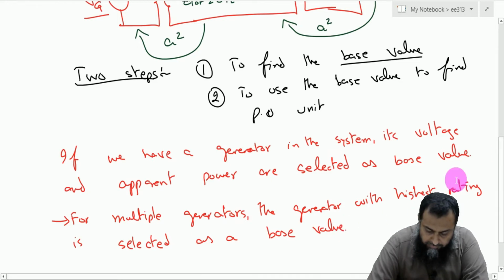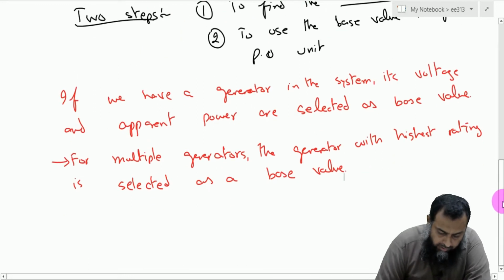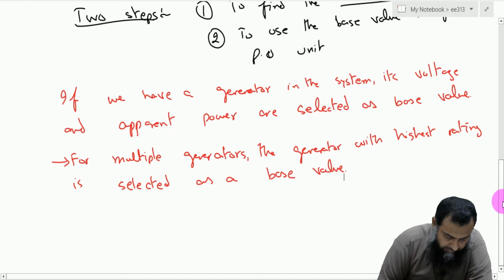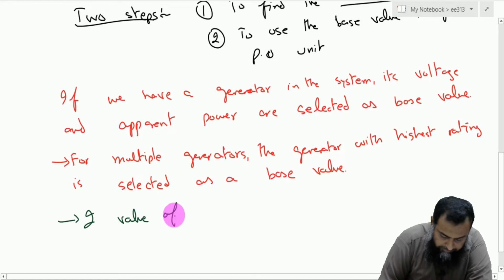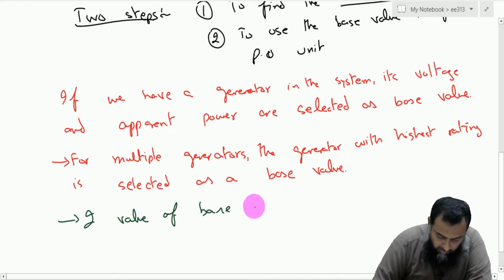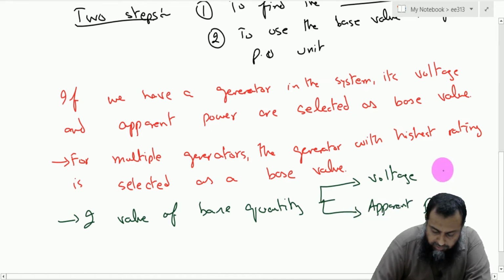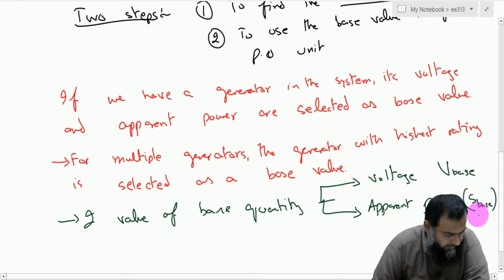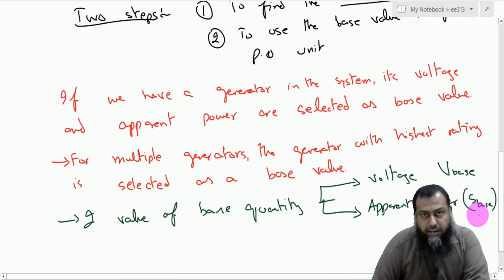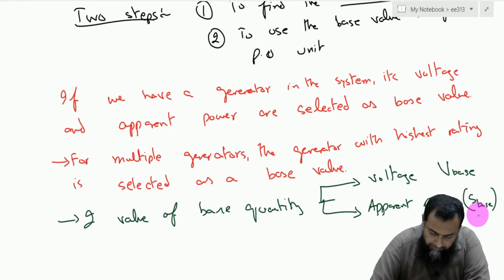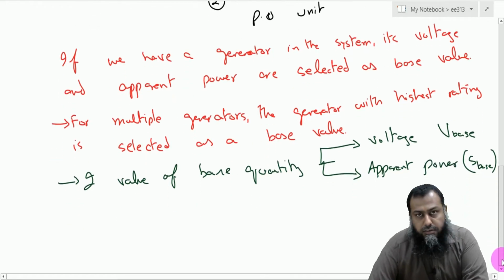As we have said, we require two values of base quantity. One is usually the voltage, and the other one is the apparent power. Now that we have this V base and this S base available, we can find out the rest of the things by applying simple circuit analysis laws.